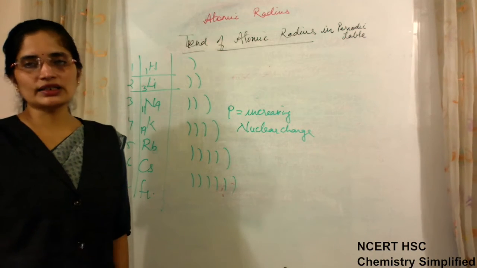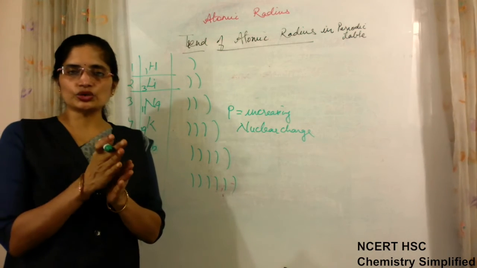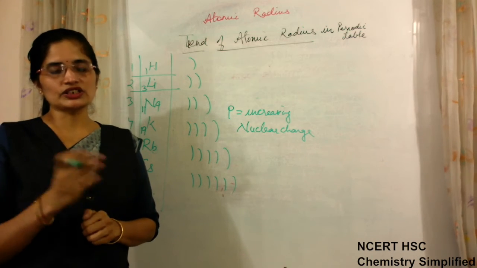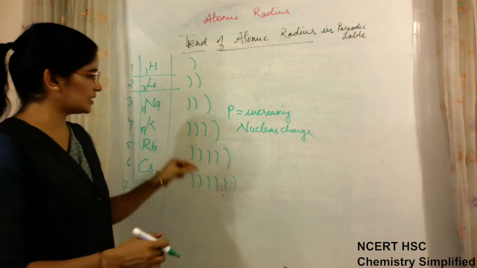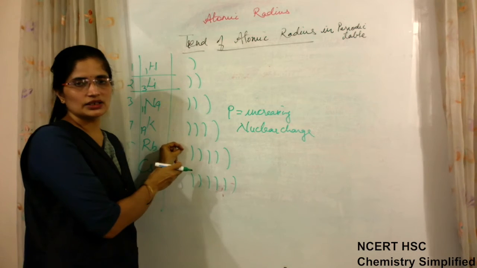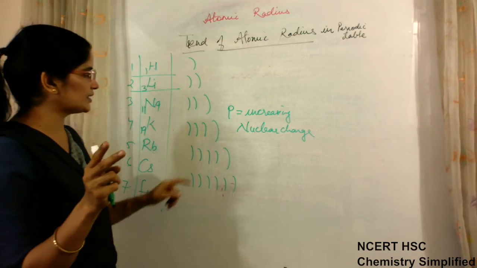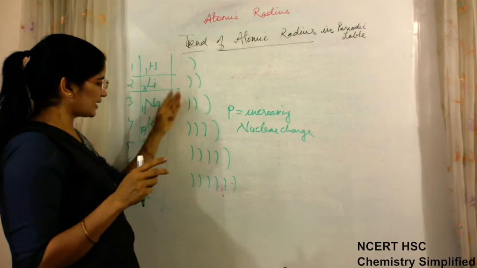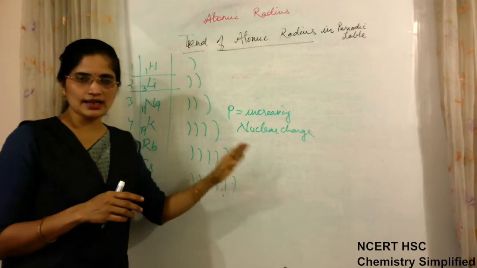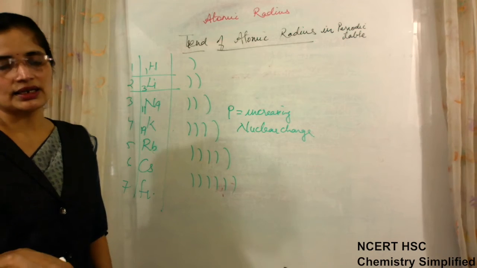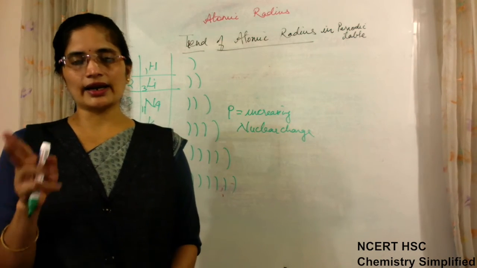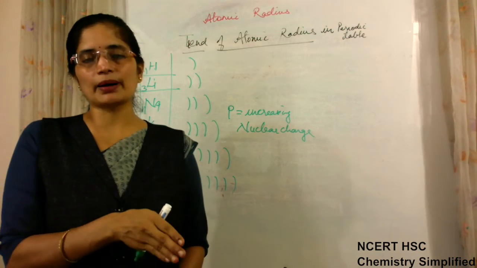And whenever nuclear charge increases, atomic size should reduce because of the effective nuclear charge which is applied from the center to the outermost shell. One factor is that nuclear charge is increasing. Second factor is that the number of shells are increasing. But when we talk about the net effect, the two effects are there and one of the effects is cancelled by the other.